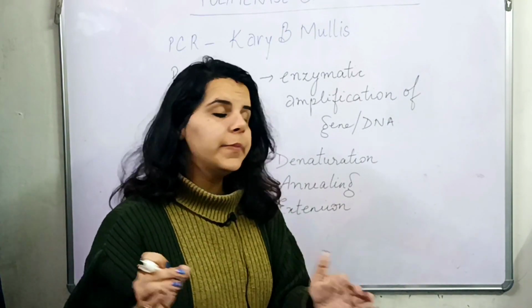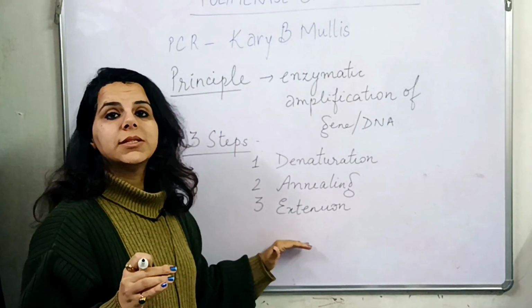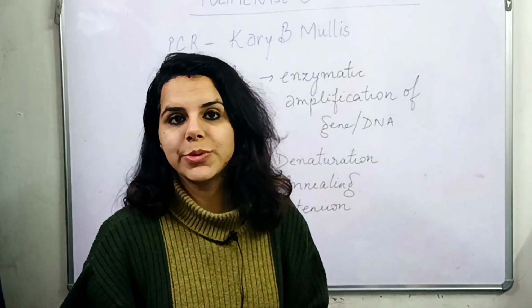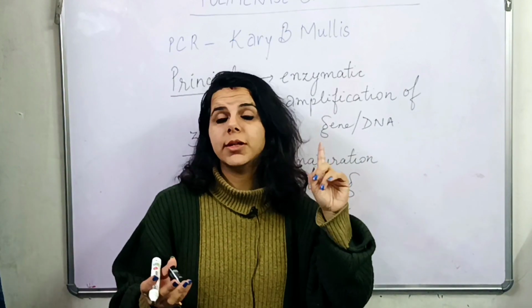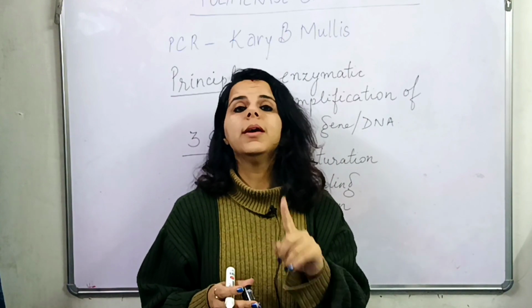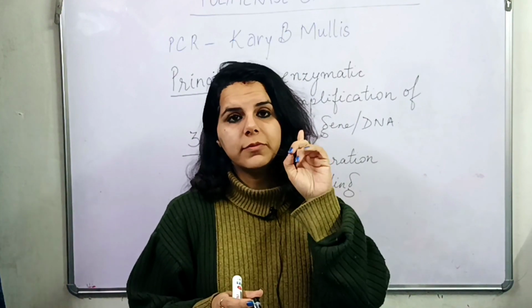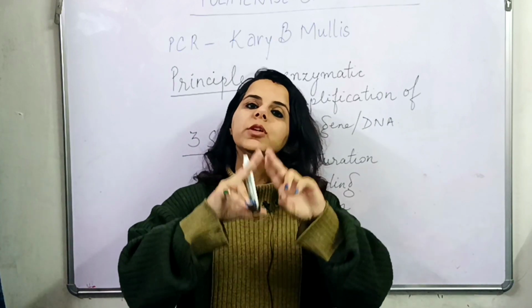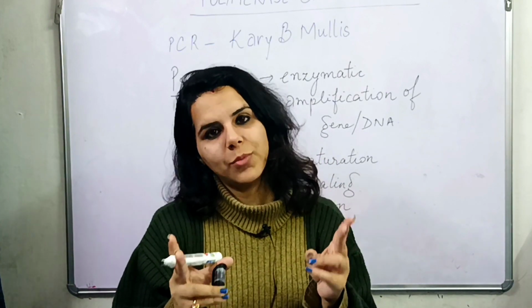And finally, after this step, when the extension is finished, we have two different DNA molecules. So initially when we started, we had one single DNA molecule, and from that one single DNA molecule, now we have two separate DNA molecules.